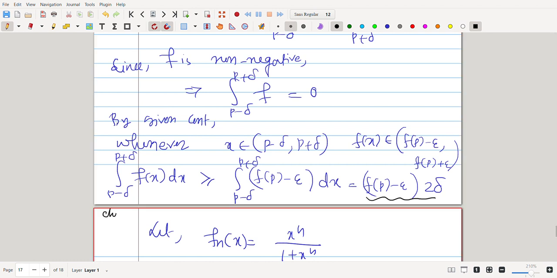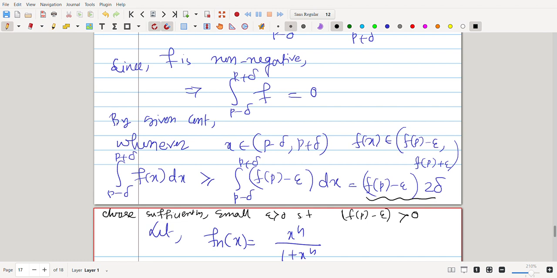Now choose a sufficiently small epsilon greater than 0 such that f(p) minus epsilon is greater than 0, right? I can choose that sufficiently small epsilon because f(p) is non-negative.